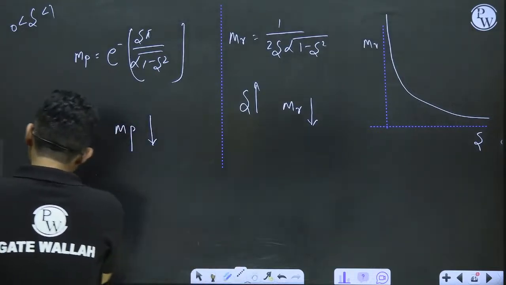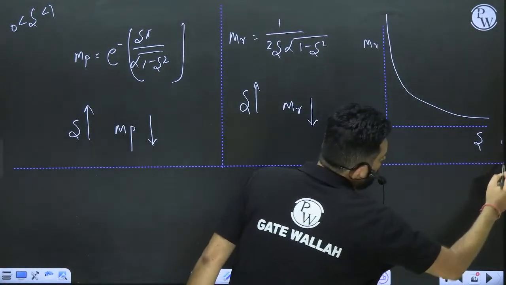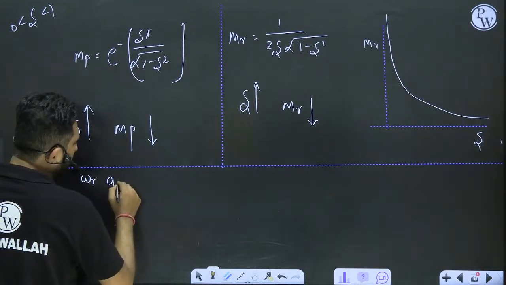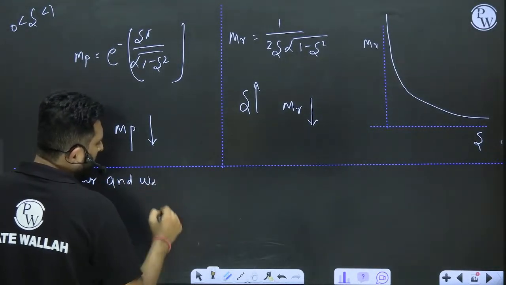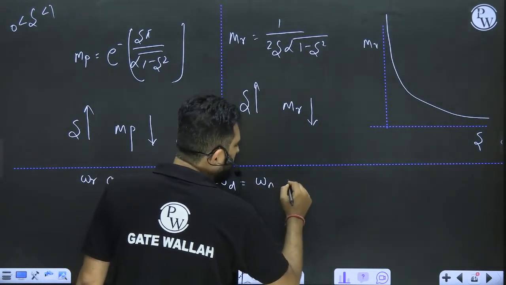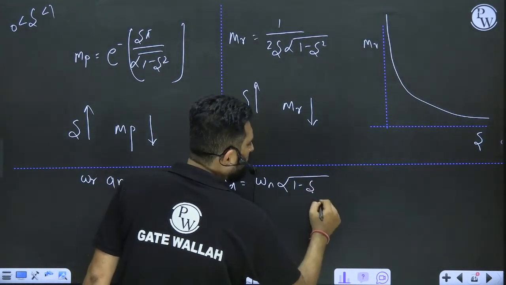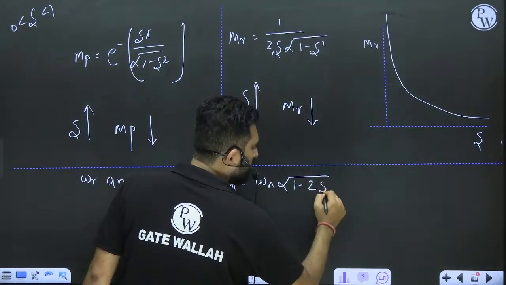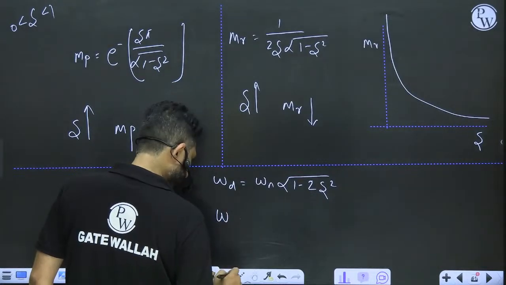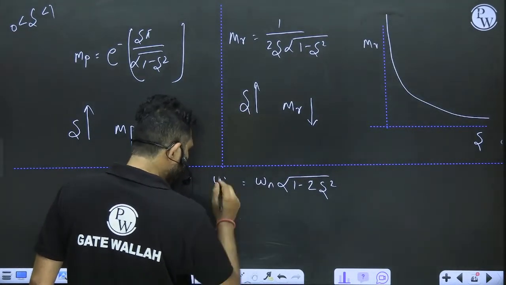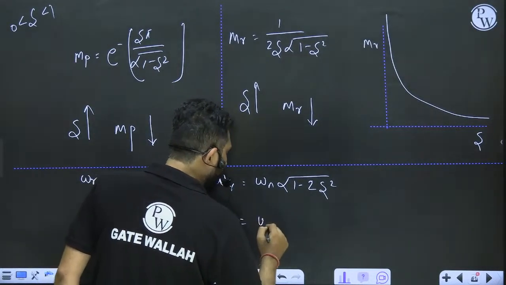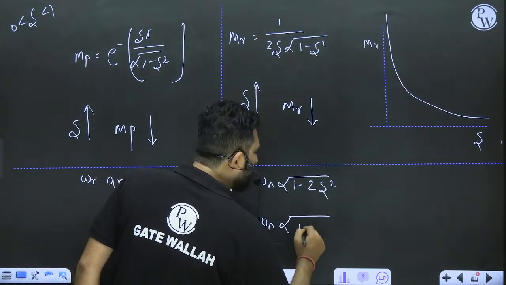Let's talk about the relationship between omega r and omega d. Now my omega d comes out to be omega n root of 1 minus zeta square, and my omega r is omega n root of 1 minus 2 zeta square.